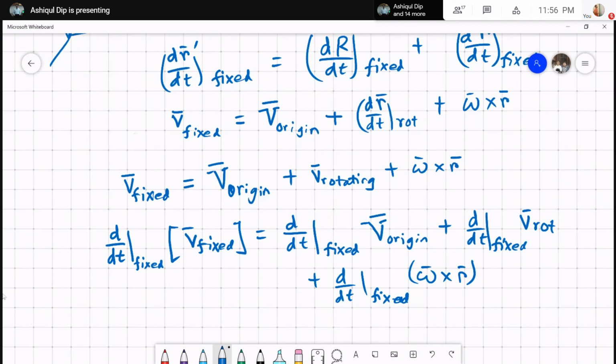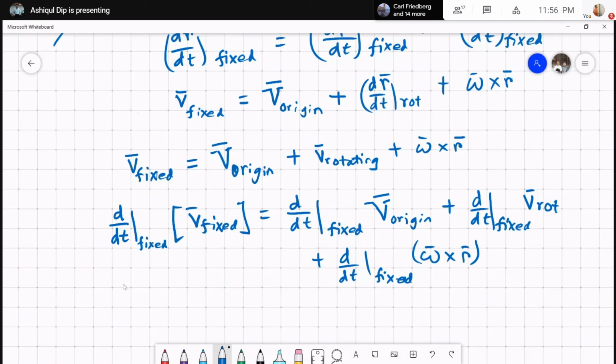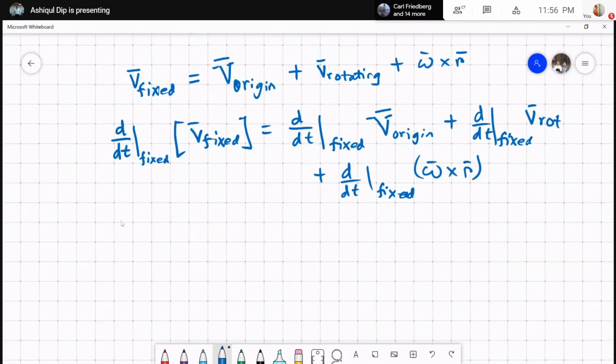So what is d/dt fixed on V fixed? It is the acceleration fixed, meaning the acceleration observed by the fixed frame, the non-moving inertial observer. Then what is d/dt fixed on V origin?